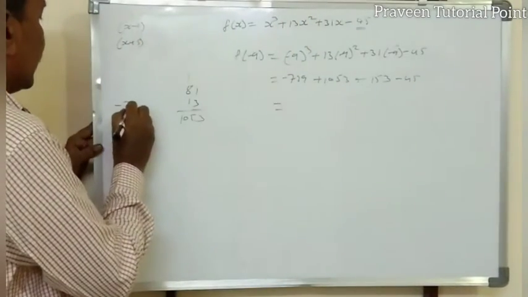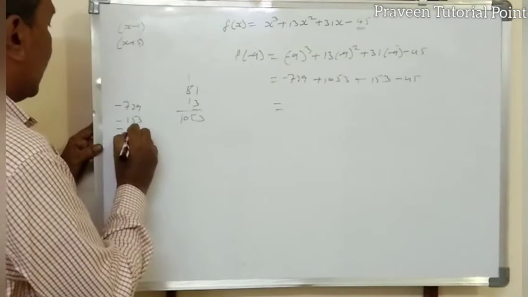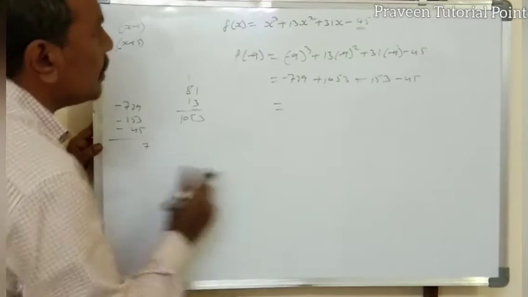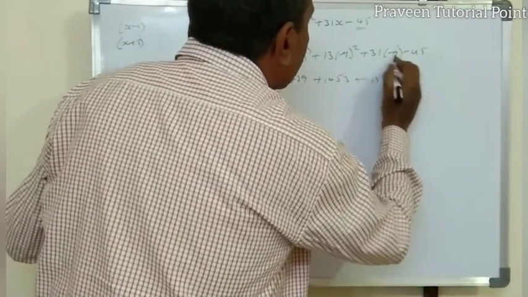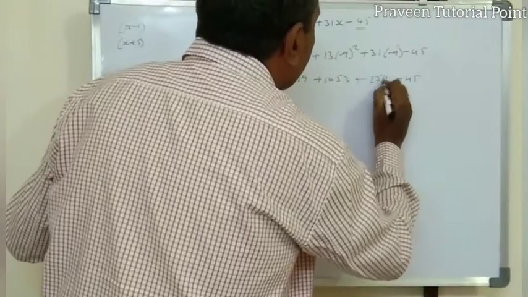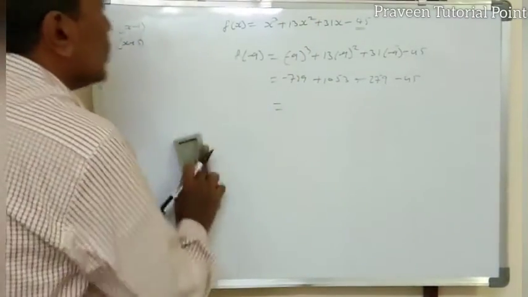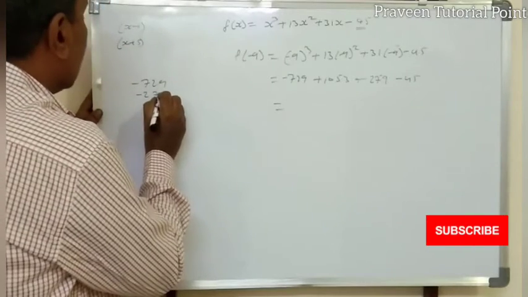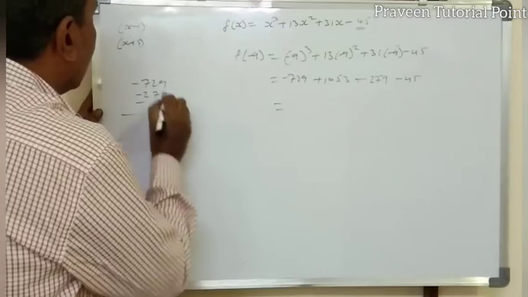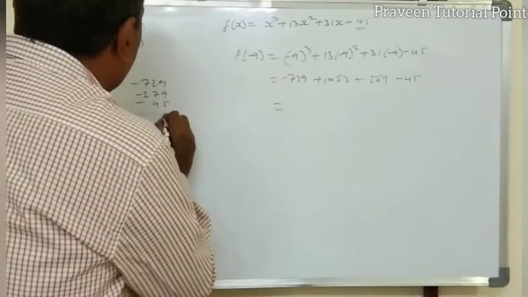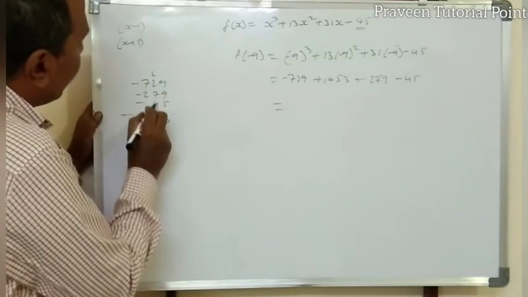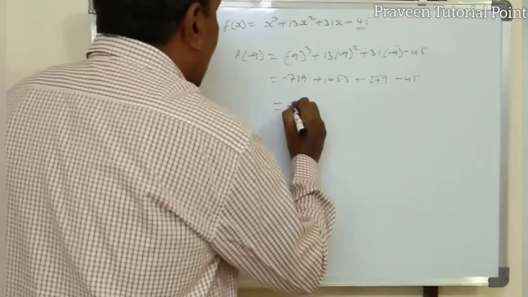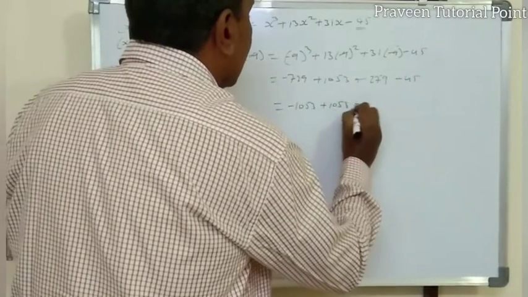Minus 729 minus 279 minus 45 is minus 1053, and plus 1053 is equal to 0.